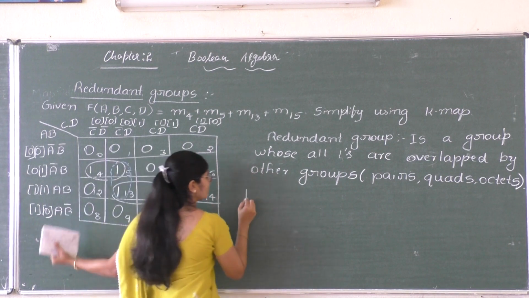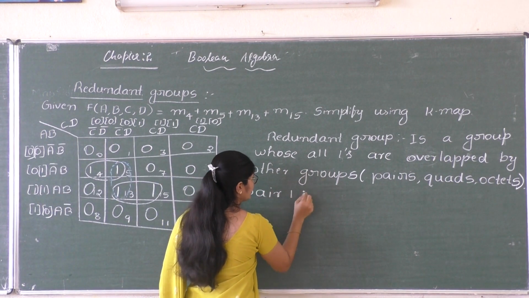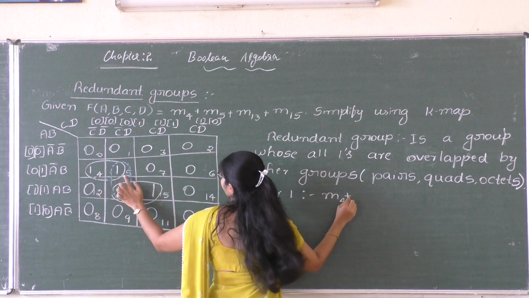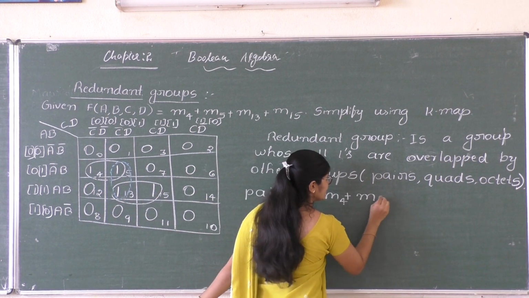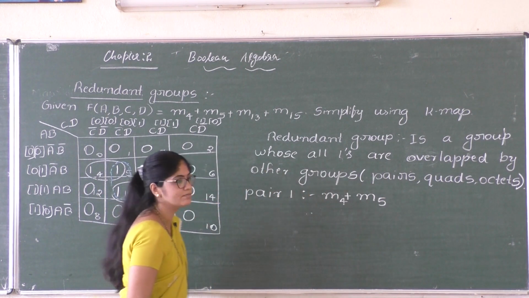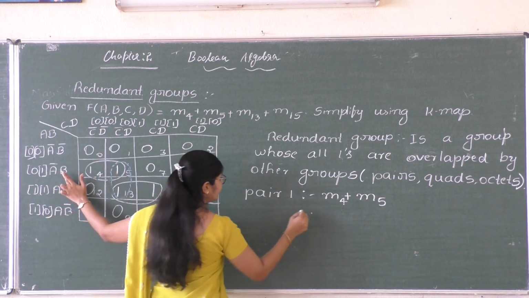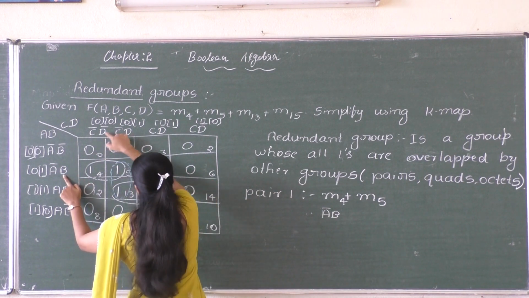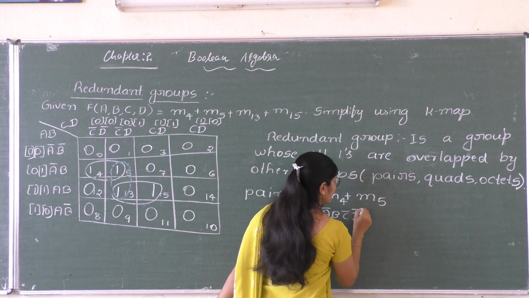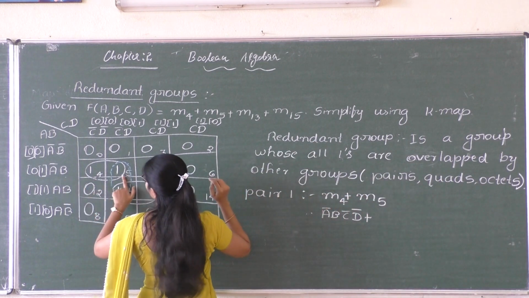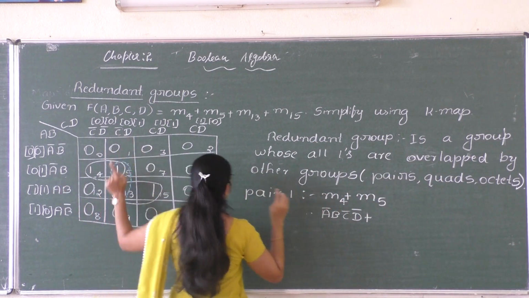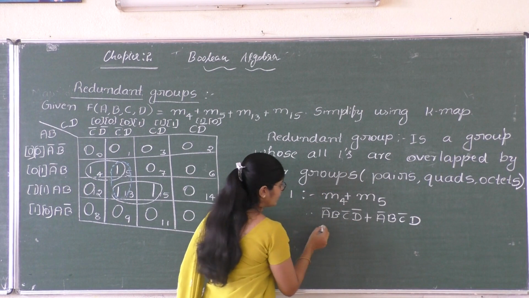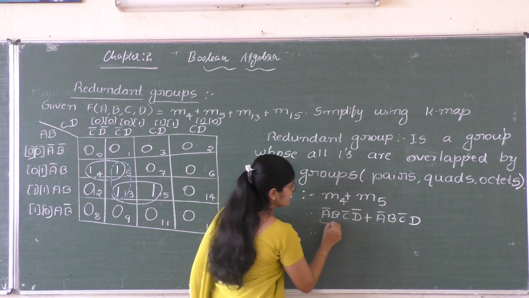First pair is pair 1, that is by using ones in the 4th square and 5th square, m4 plus m5, and corresponding minterms in those squares are A bar B C bar D bar plus m5, that is A bar B C bar D. Now we shall write the common variables in these two minterms.